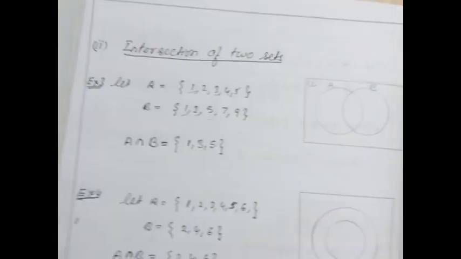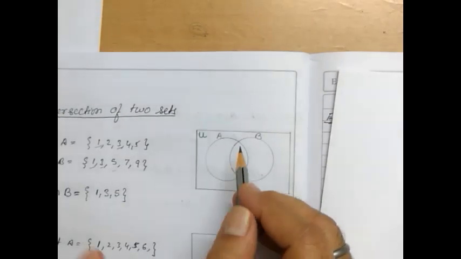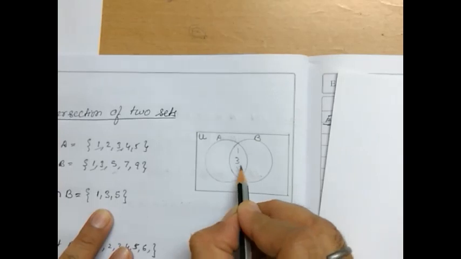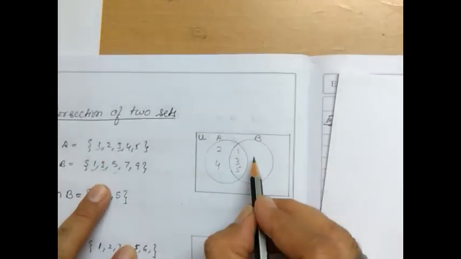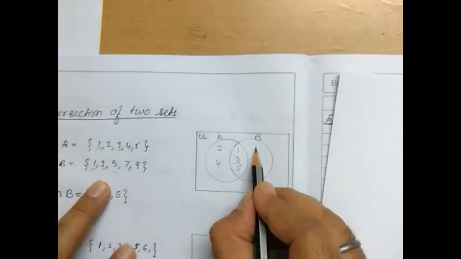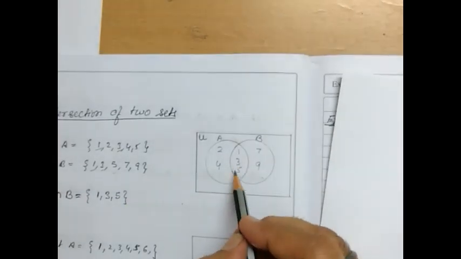If we are presenting it in set form, the common ones will be written as 1, 3, 5, and here it will be 2 and 4, and in B it will be 7 and 9. Isn't it? 1, 3, 5 are common.